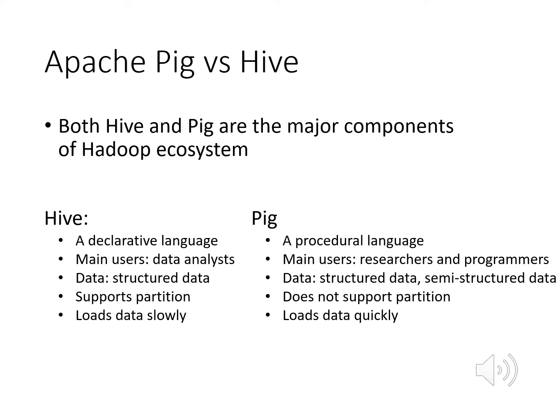Hive supports structured data, while Pig supports both structured and semi-structured data. Hive supports partition, like in databases, and Pig doesn't support partition.